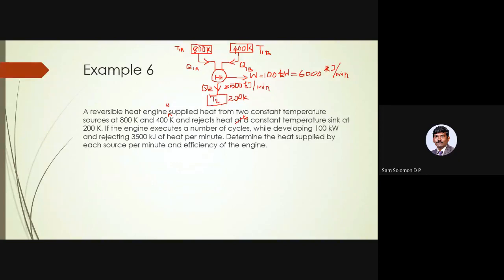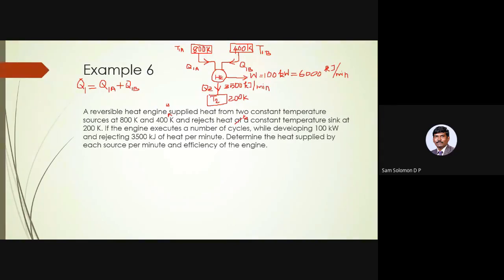So mathematically we can write that Q1 is equal to Q1A plus Q1B. No harm in writing like this, because I have a common work output and a common heat rejection as per the question that is given to me.